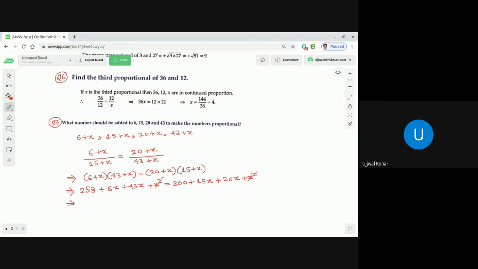That's what I said a few minutes back. Apparently it looks like a quadratic equation, but not really. Got it? So on the left hand side we get 258 plus 49x, correct or not? That is equal to 300 plus 35x.